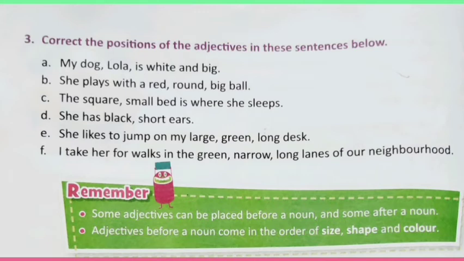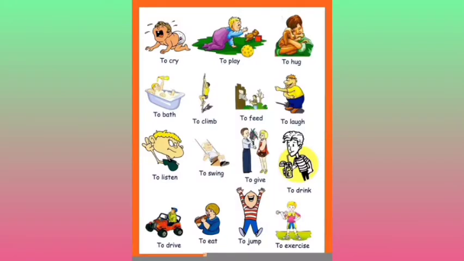Now one more thing we need to revise, and the name of that topic you have to guess or you have to identify by looking at this picture. Here you can see some actions like to cry, to play, to hug, to bath, to climb, to feed, to laugh, to listen, to swing, to give, to drink, to drive, to eat, to jump, to exercise.